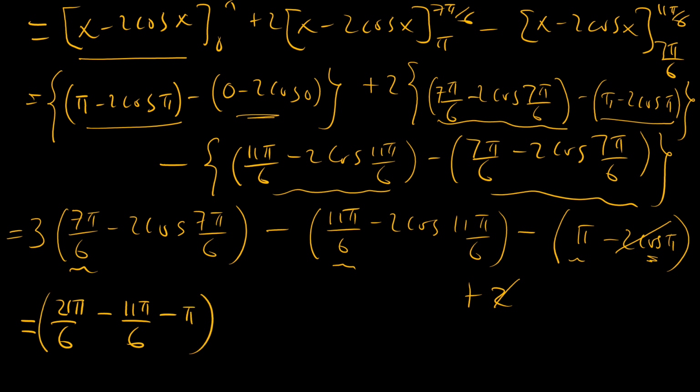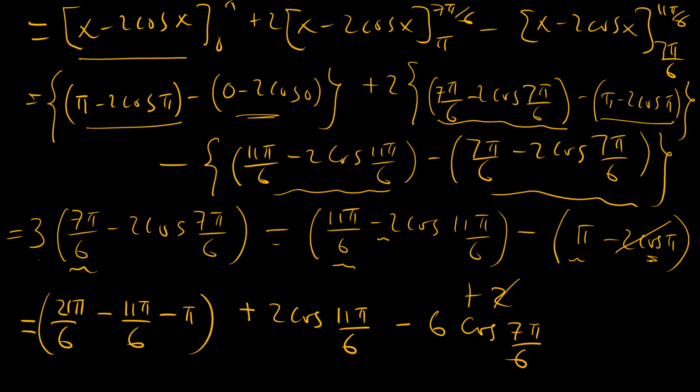This is one thing. And then plus this here, 2 cosine 11 pi over 6, minus 3 times 2, so this becomes 6 cosine 7 pi over 6.